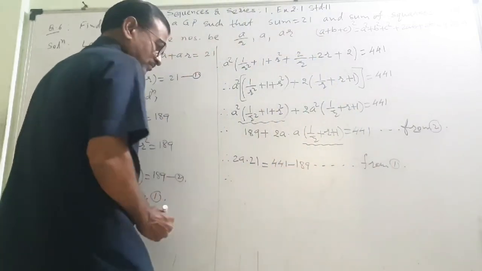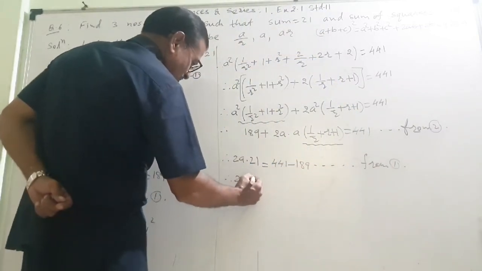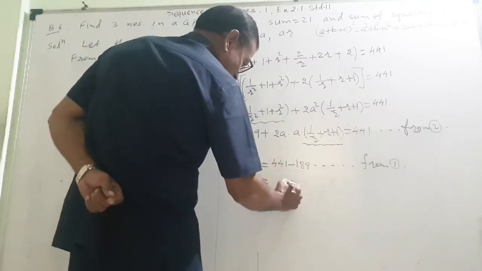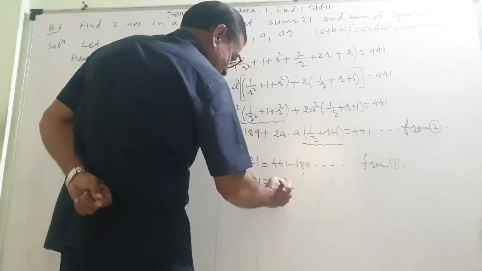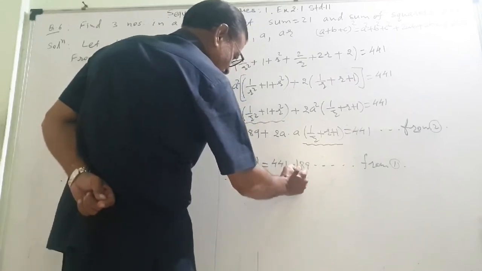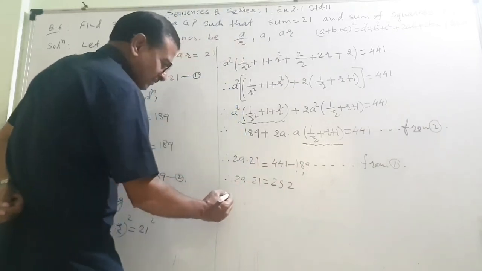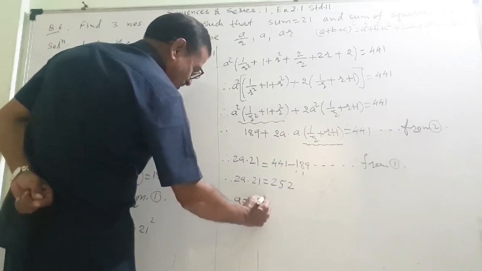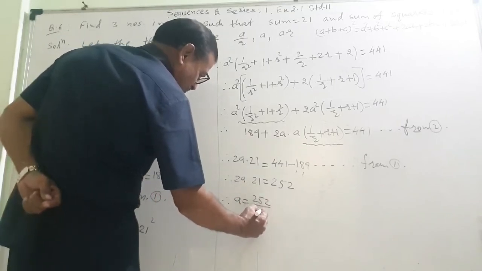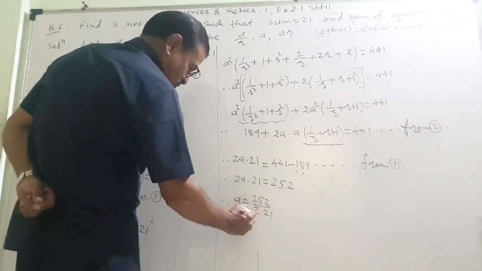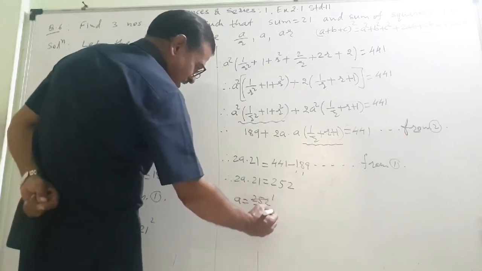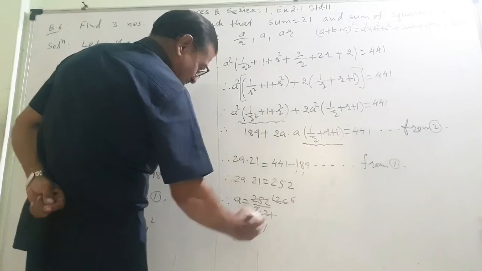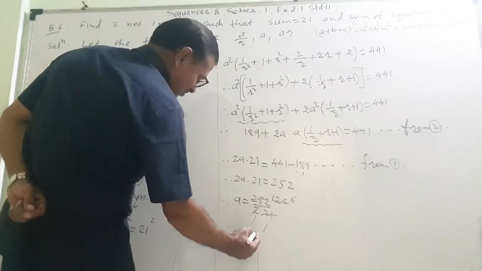That is equal to 2a into 21 is equal to 441 minus 189. 441 minus 189 is 252. Therefore, a is equal to 252 divided by 2 into 21. 21 sixes are 126, and therefore a is equal to 6.